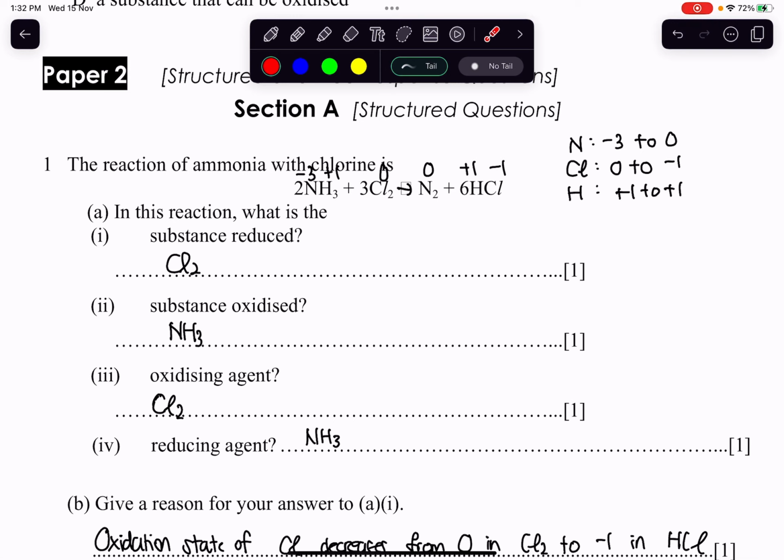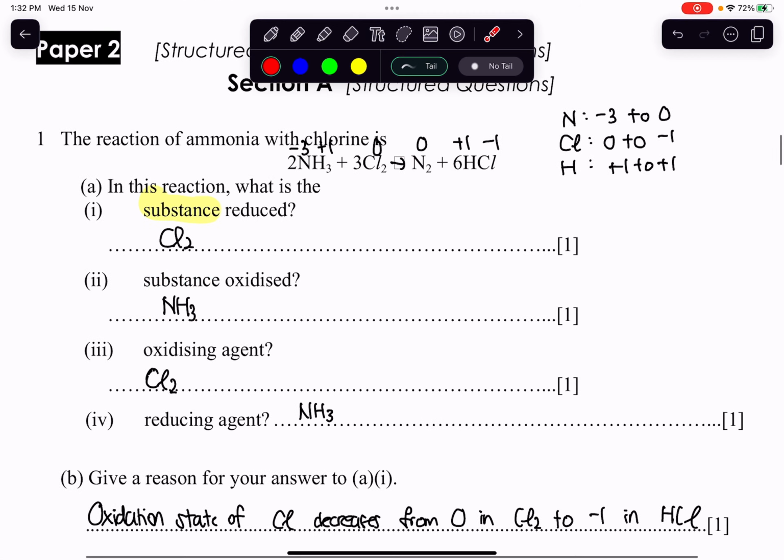When they say substance, you just take whatever is in the formula in the balanced chemical equation, ignoring the mole ratio. Same thing for oxidized. You check nitrogen: the oxidation state of nitrogen increases from -3 in NH3 to 0 in N2, therefore it is oxidized. So NH3 is oxidized.